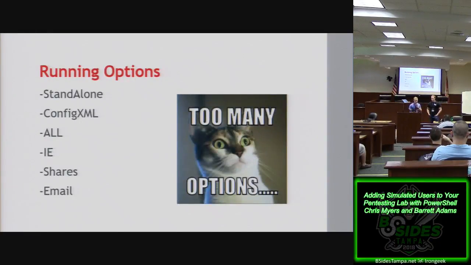So here's what the main options for actually running the tool are. And we'll dive into these more in depth here in a second. But standalone, that's just specifying you're running it on the local machine that you're on, as opposed to the default, which is to run it on remote stuff. The config, there's a Config.xml file. We'll get to the details of that in a second.